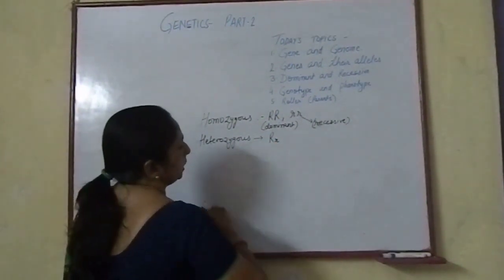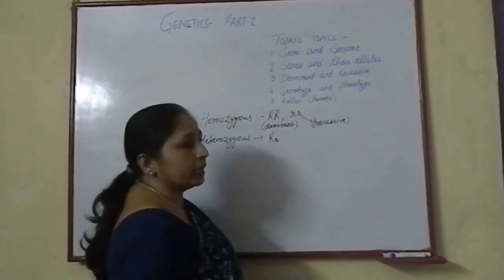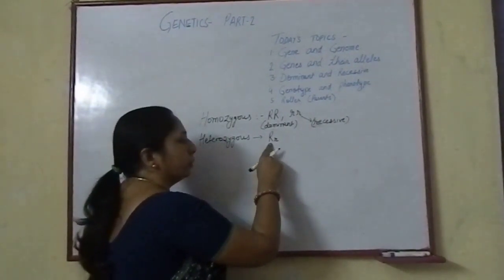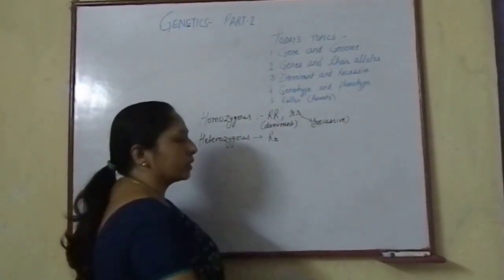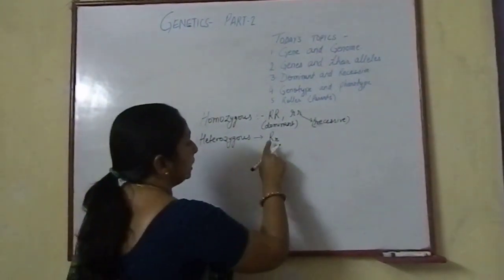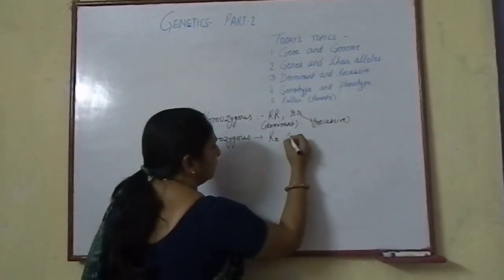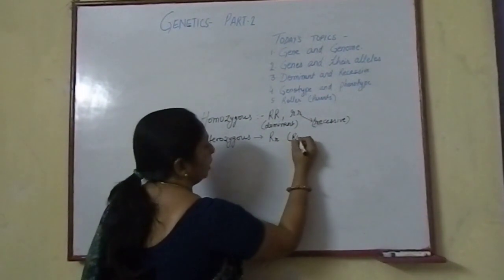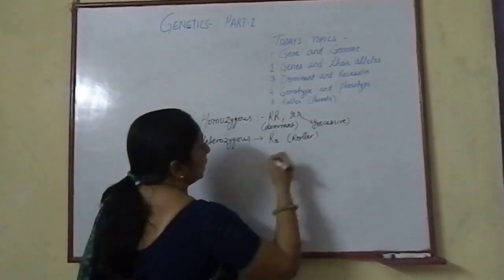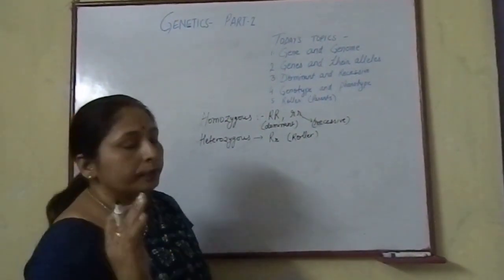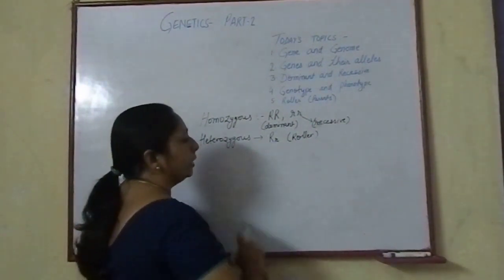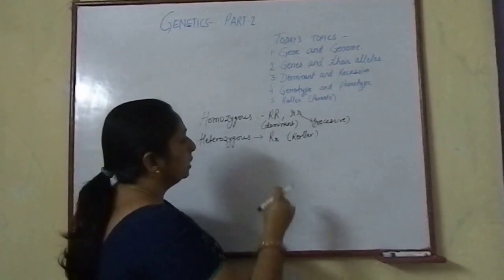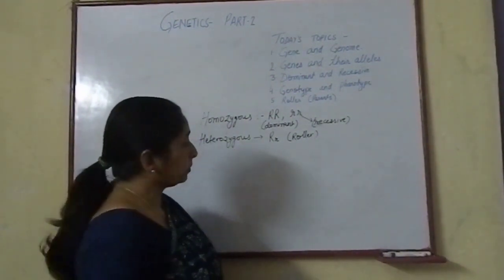This condition is known as the heterozygous condition, meaning one allele is from the dominant and one is from the recessive character. In this case, the expression is always of the dominant character, which is roller. One of the parents may have this heterozygous condition, but the expression for that character is the roller condition.